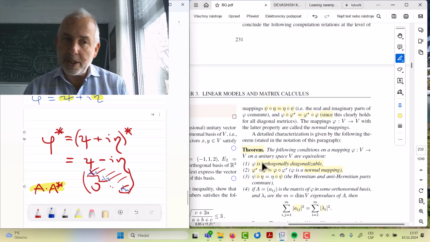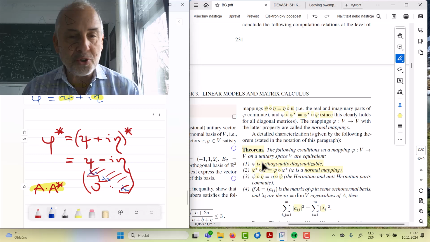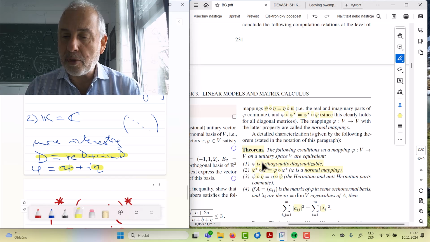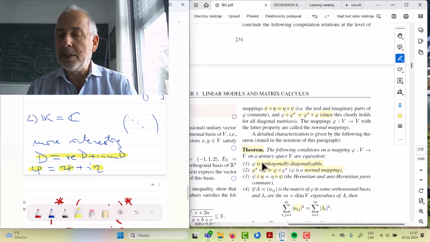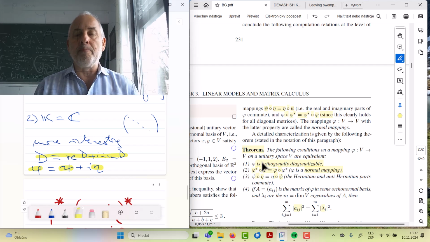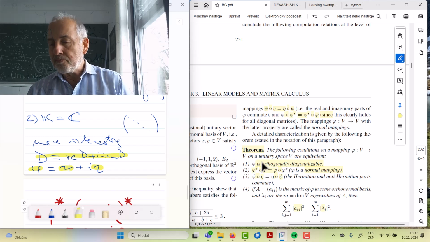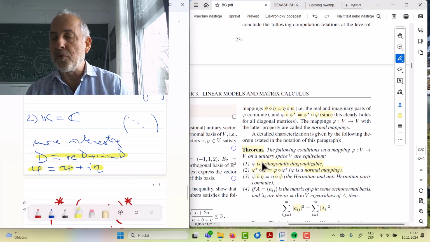But the most important one to remember perhaps is that once you look at our linear mappings from the point of view that each linear automorphism decomposes automatically into its real and imaginary parts, then we can find some orthonormal basis where the mapping will have a diagonal matrix if and only if these two components, the real and imaginary one, commute.